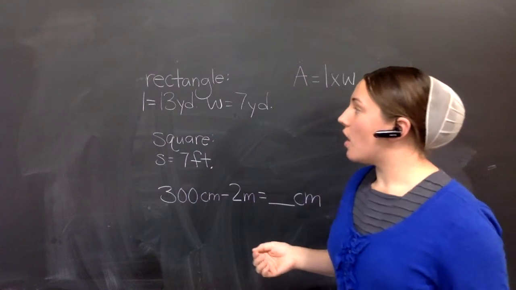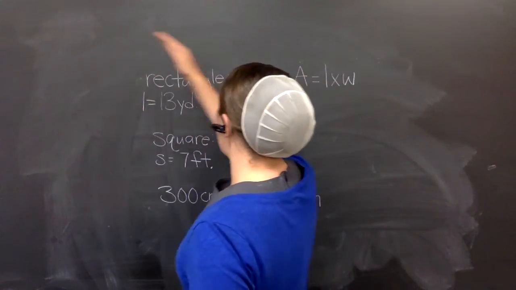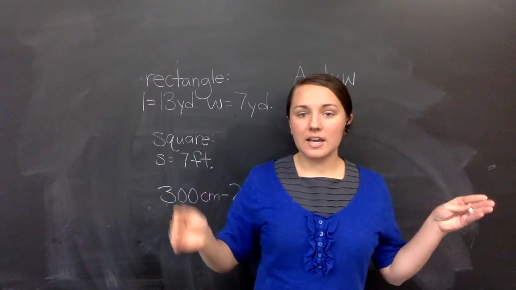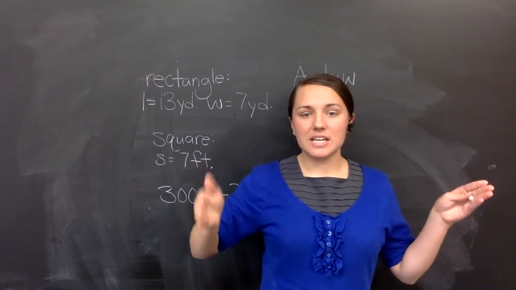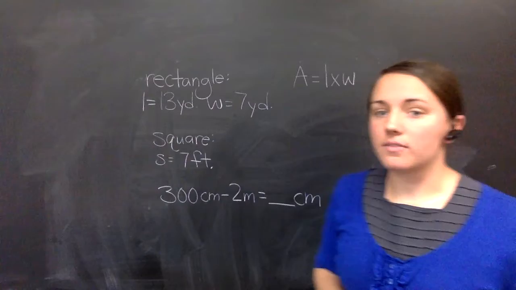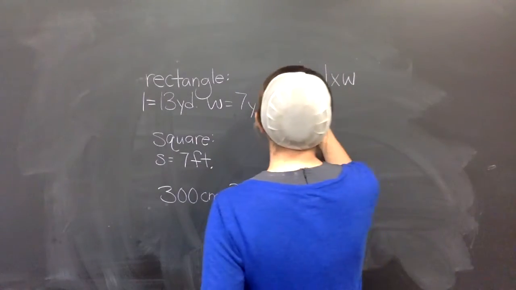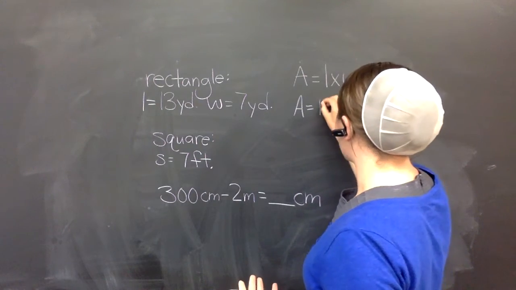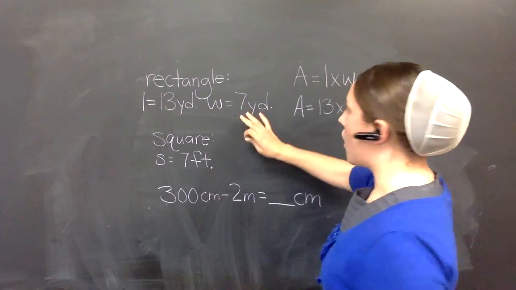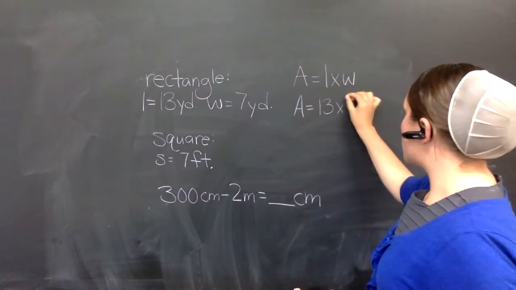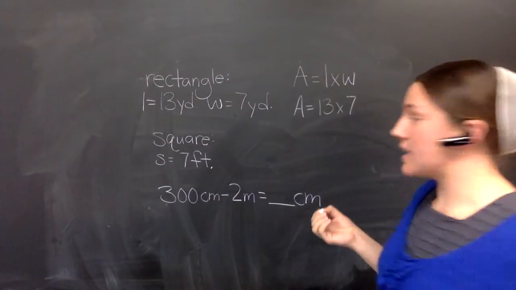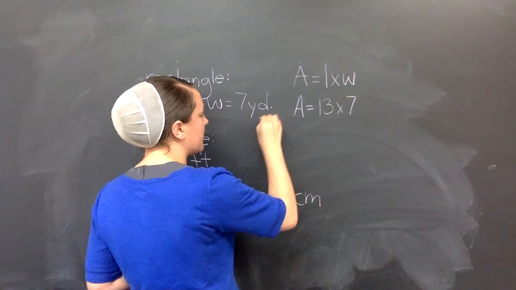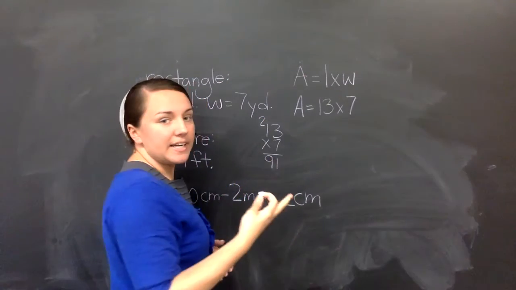And remember, on the board the other day, I had a square yard. So a square, when we measure a square unit, it's the measurement inside of whatever we are measuring. So now we have A equals, our length is 13 yards, so 13 times our width, which is 7. So area equals 13 times 7. Now we need to multiply 13 by 7, which gives us 91.